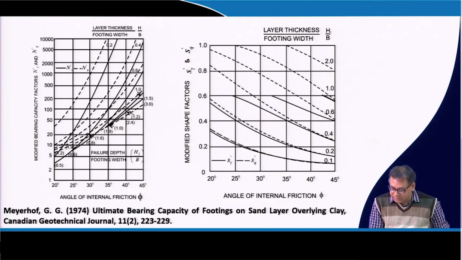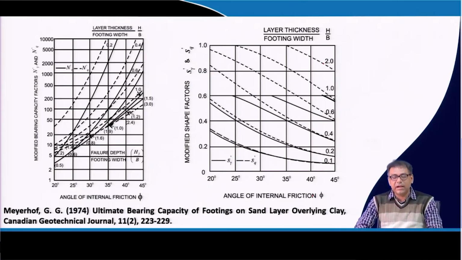Again this is h by b, and the firm line is given for s gamma dash and the dotted line is given for s q dash. This is for 0.2, 0.4, 0.6, 1 and 2, and for different friction angle values.